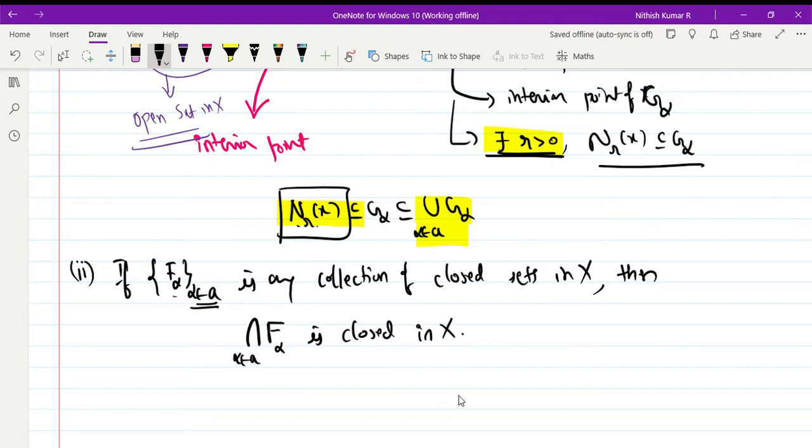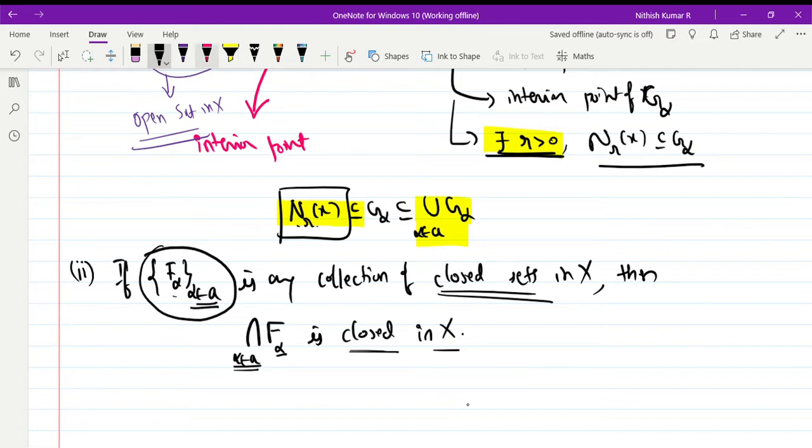So this is an arbitrary collection of closed sets in X. From this arbitrary collection of closed sets, the intersection of F alpha is closed in X.